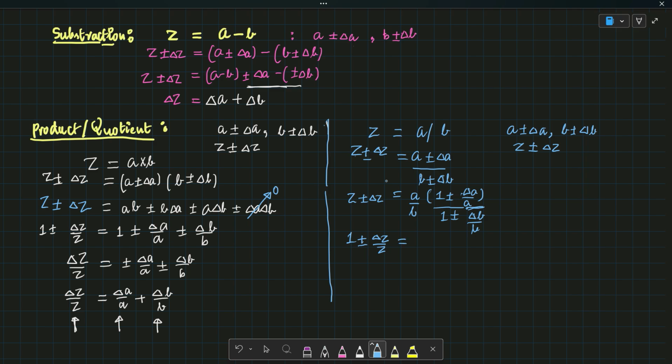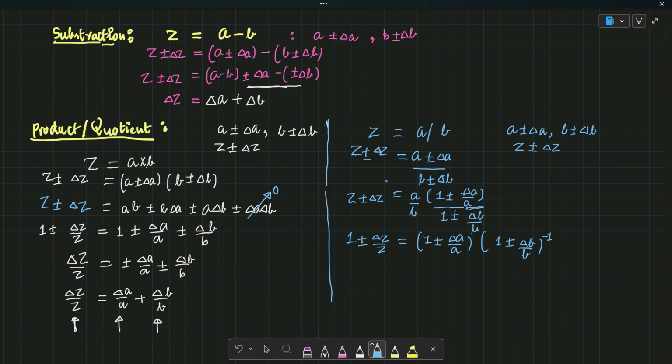So we'll get this quantity 1 plus minus delta A by A, and we'll get this (1 plus minus delta B by B) raised to the power minus 1.